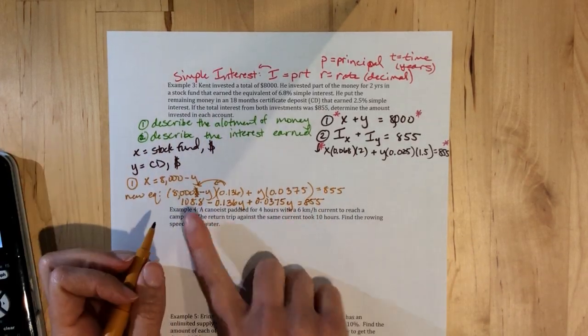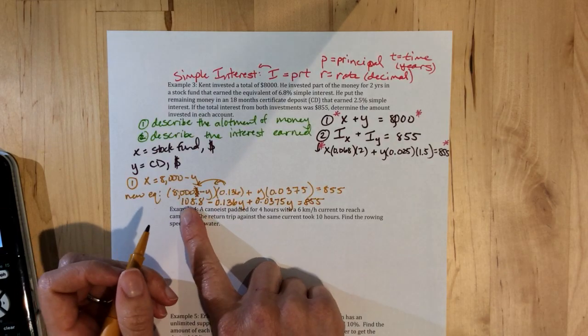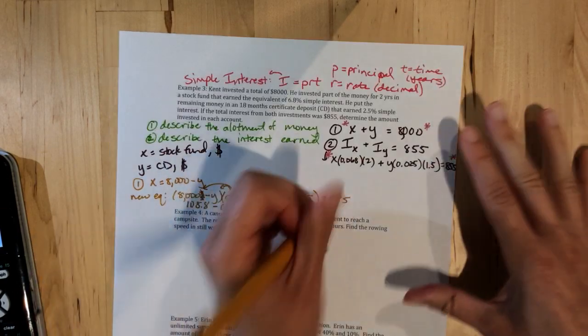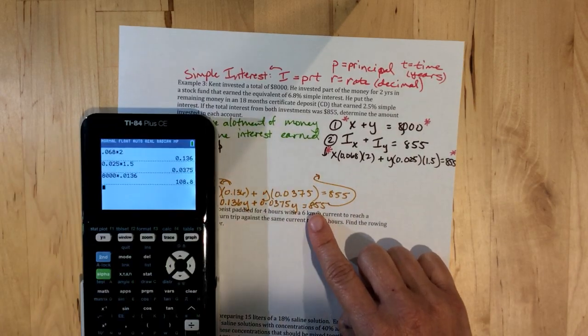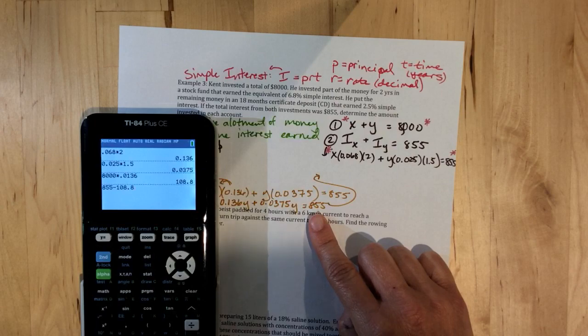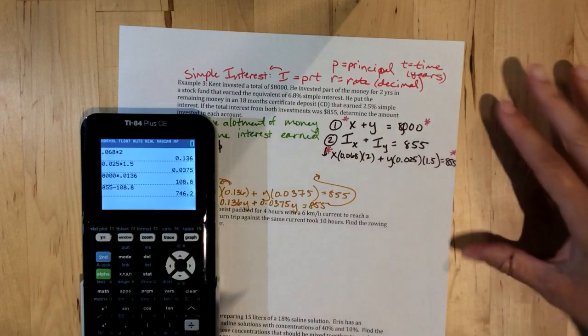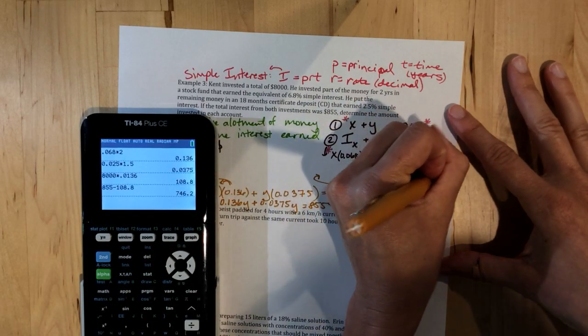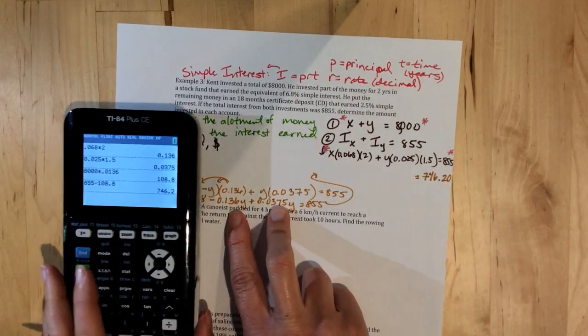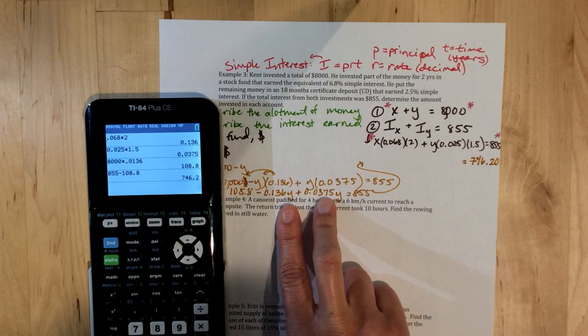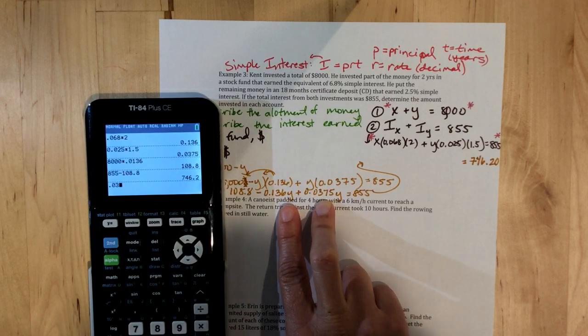So combining like terms, I'm going to subtract over the 108.8. So 855 minus 108.8 is equal to 746.2. And then combining these two right here, 0.0375 minus 0.136.